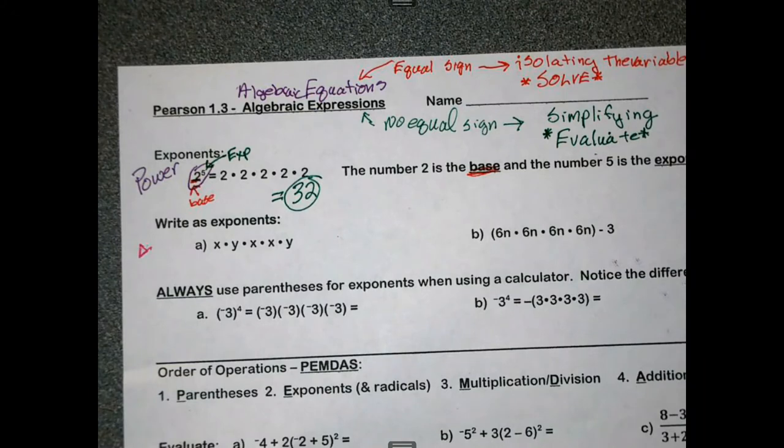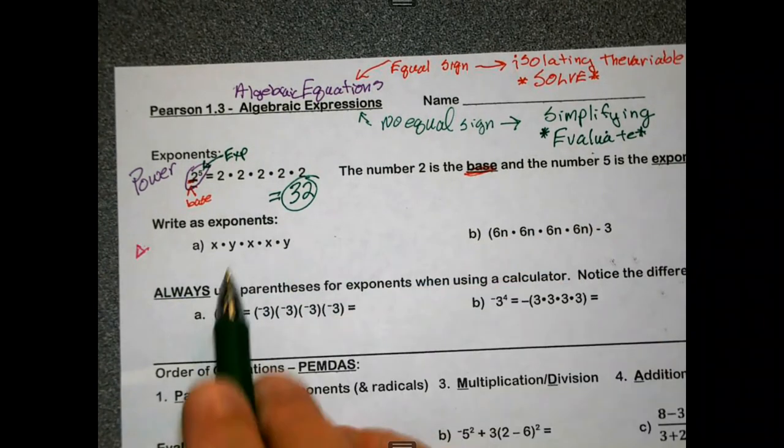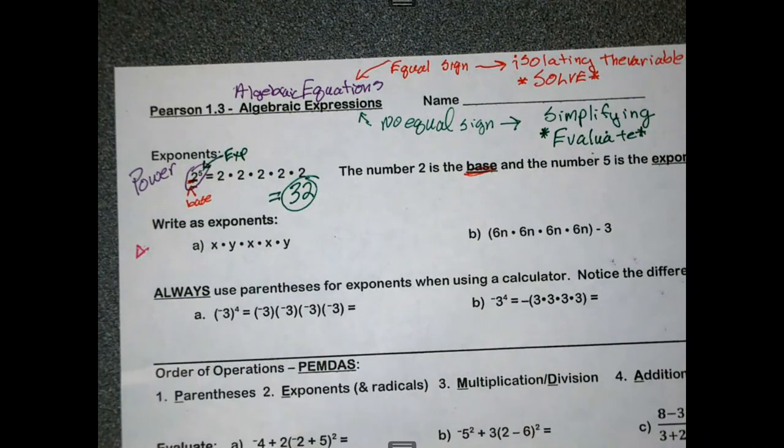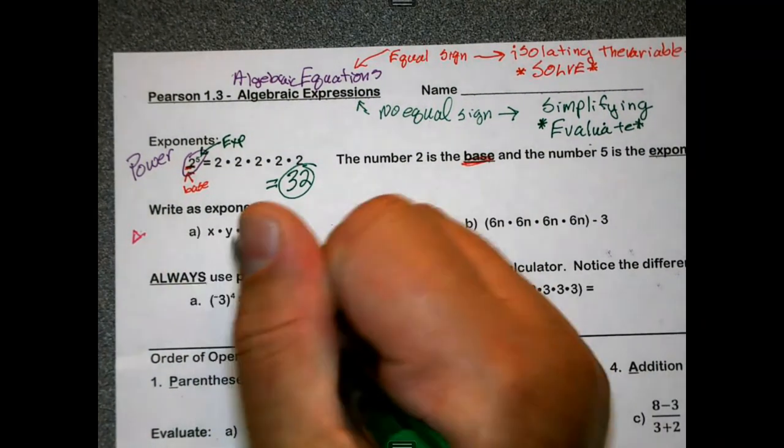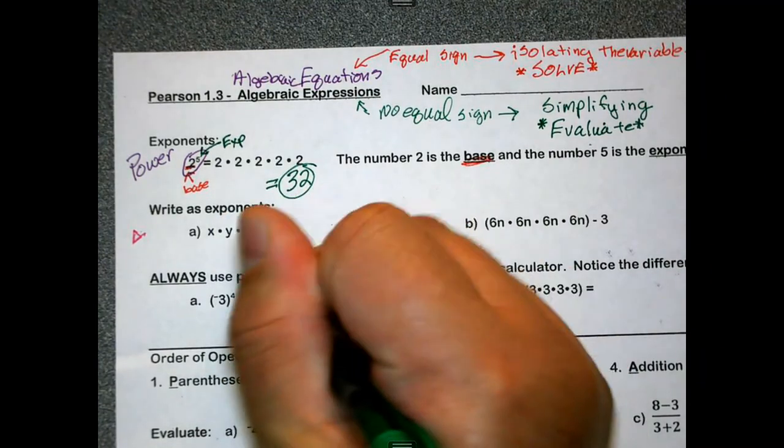It's 5. So you can change the order. It's commutative without changing the outcome. Okay? So I know this is a simple problem, but when we get into longer problems, this is really going to help. A lot of times you can actually change the order here.